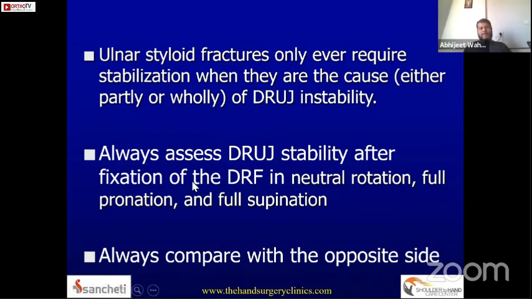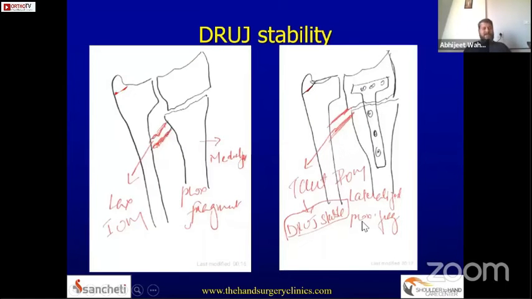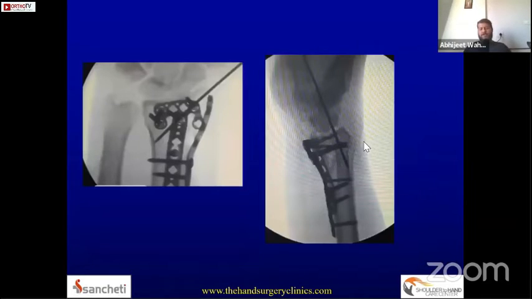We determine that by examining the DRUJ stability after you have fixed the distal radius fracture in 3 rotations and comparing it with the opposite side. And if you find it to be unstable, you should first ask whether your distal radius fracture has been adequately fixed with restoration of all normal parameters, and then you would proceed to stabilizing the styloid.